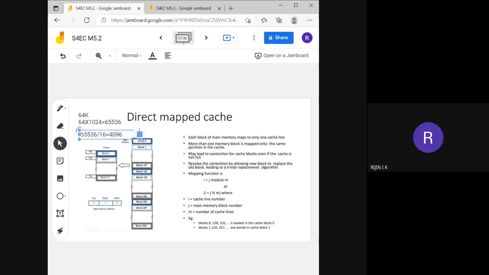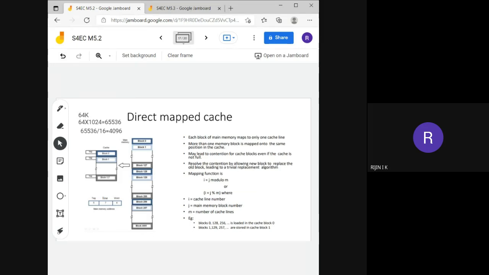The total number of blocks present in the main memory is 4096, from block 0 to block 4095. That is the division of main memory.